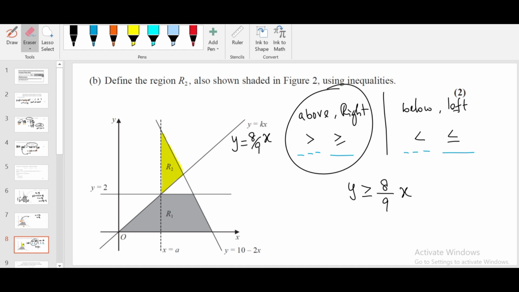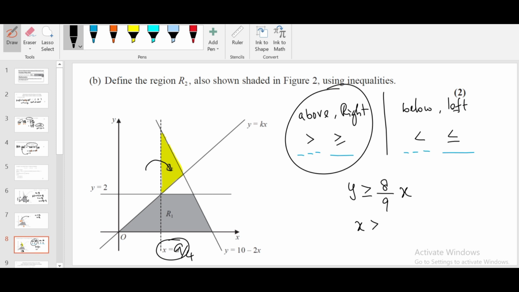Now let's take the next line. x is equal to a, this line. A is basically 9 over 4, right? And the right hand side of the line is shaded and it's a dotted line. So x is greater than, not greater than or equal to, just greater than 9 over 4.